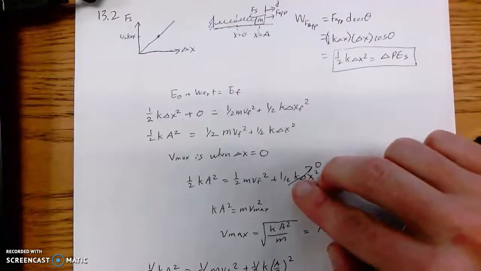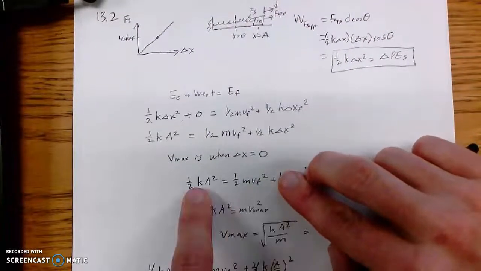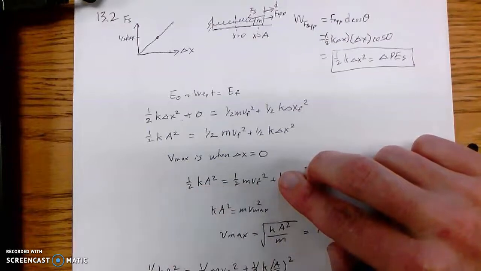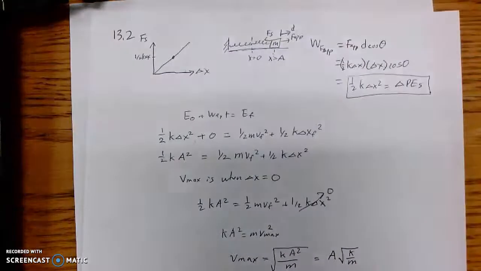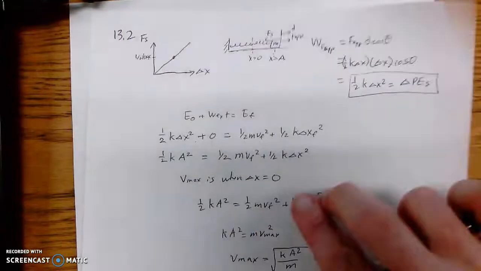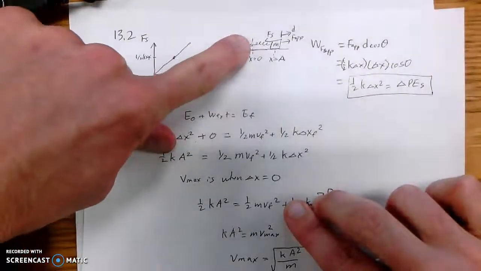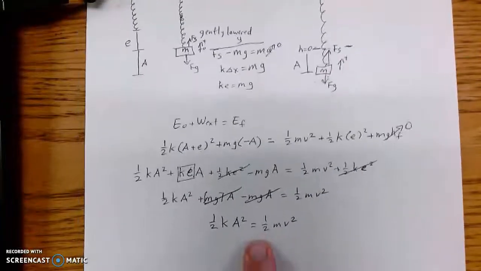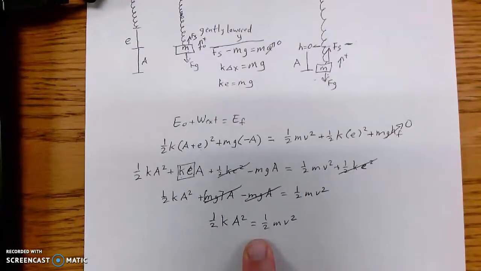How fast is it going? At its fastest, in the middle, it's 1/2 k A squared equals 1/2 mv squared. We use that to find the maximum speed, but the point is, when it's at this 0 spot on a horizontal spring, the equation 1/2 k A squared equals 1/2 mv squared is the same equation we get when it is a hanging spring. The gravitational potential energy always cancels out.